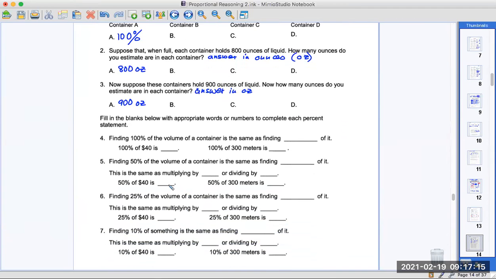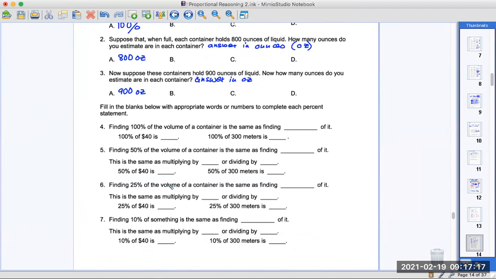So I want to help you a little bit down here in number 4. Finding 100% of the volume of a container is the same as finding all of it, okay? Finding 50% is finding half of it. Finding 25% of the volume of a container is like finding a quarter of it.